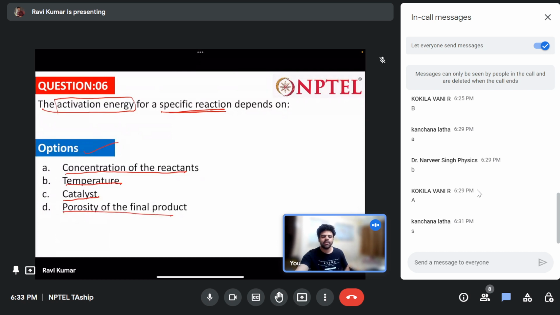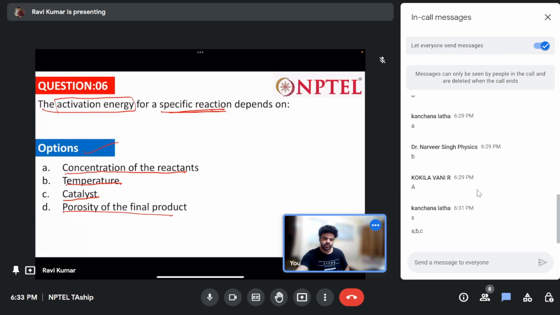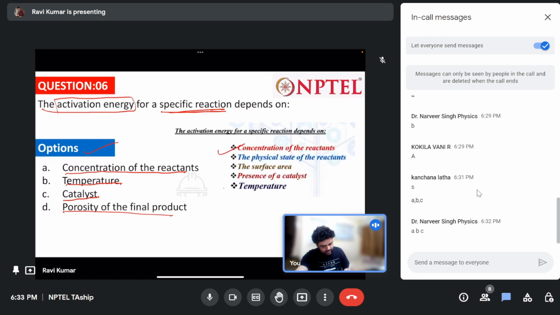Here you can eliminate one option directly. Great. Kanchana said A, B, C. Dr. Narveer Singh said A, B, C. So you have a good idea about activation energy. Yes: concentration of reactant, temperature, and catalyst.